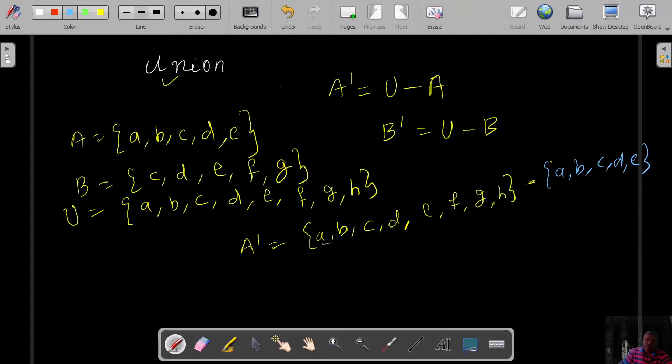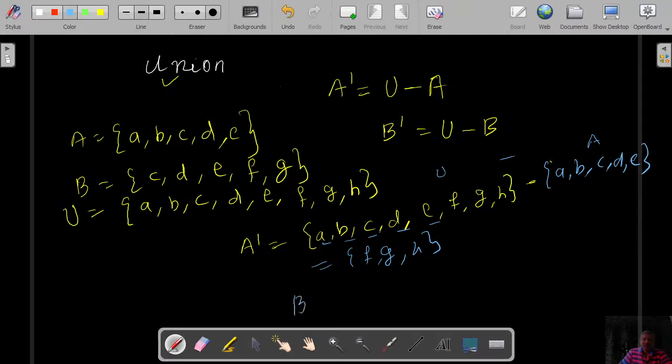Since this is a bigger set, naturally it will contain our A also. This is actually A and this was U, and we did U minus A. From the universal set, if you remove A, B, C, D, E, what you are getting is F, G and H.